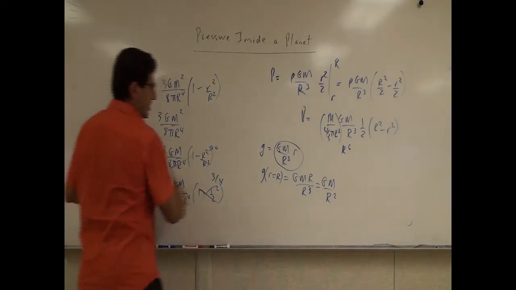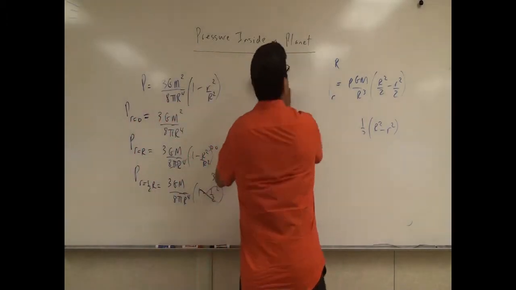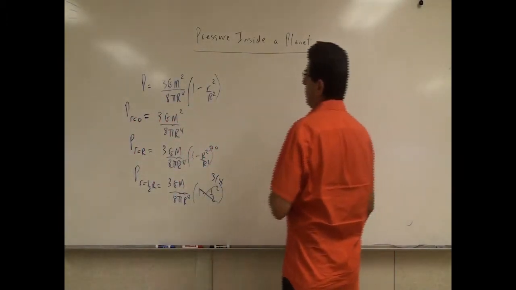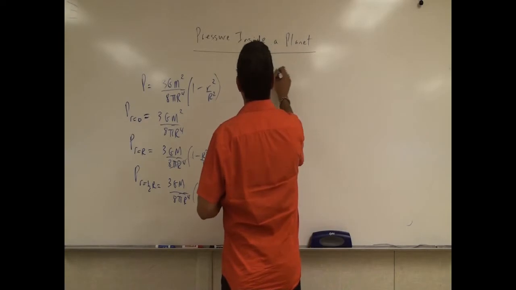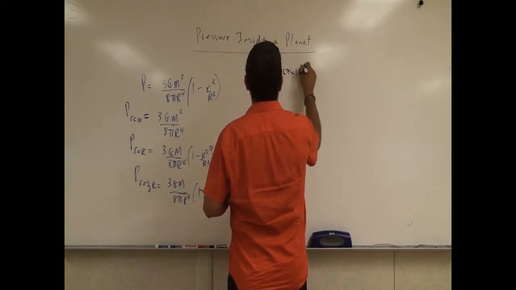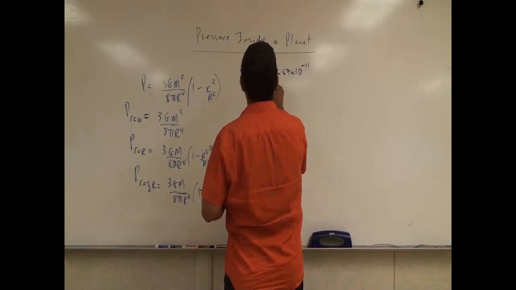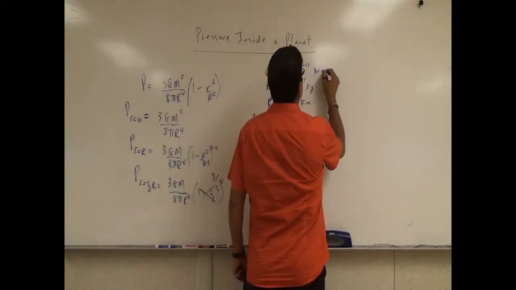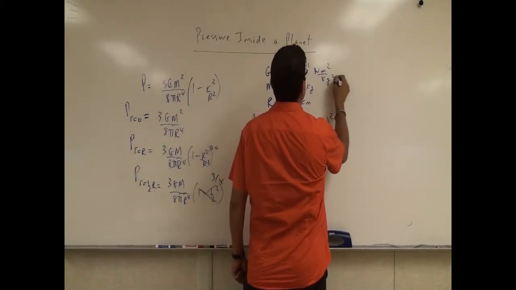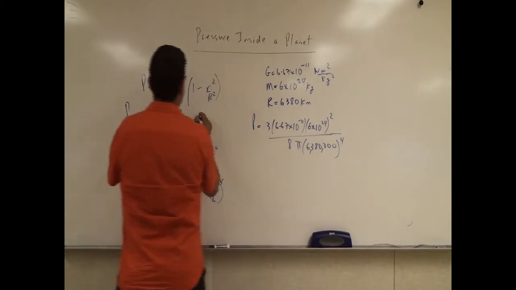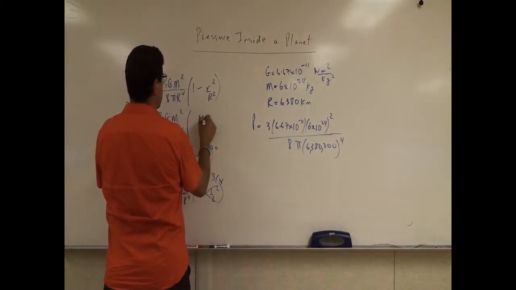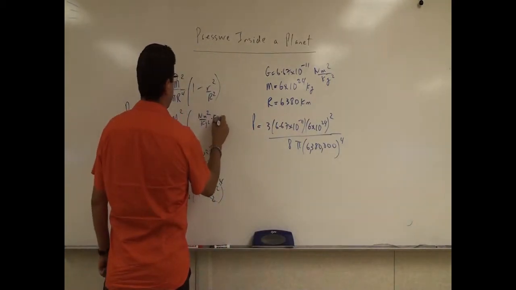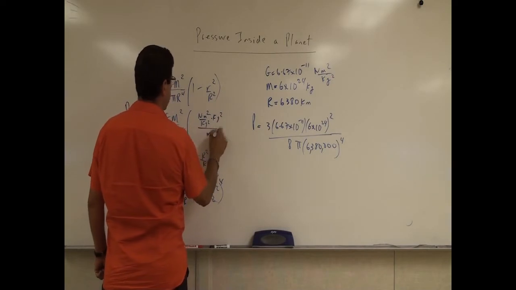So let's do some calculations, see what this is equal to. So let's say the Earth can be modeled as a uniform planet. The big G is this value, in units of Newton meter squared per kilogram squared, right? So if we do the unit analysis, we have Newton kilogram squared divided by meter to the 4th.